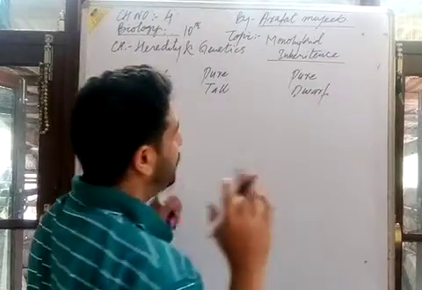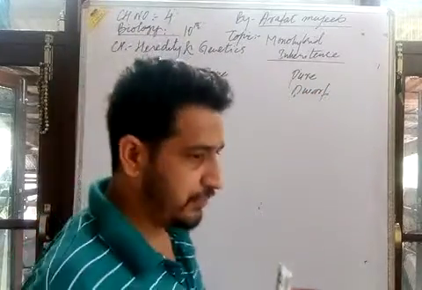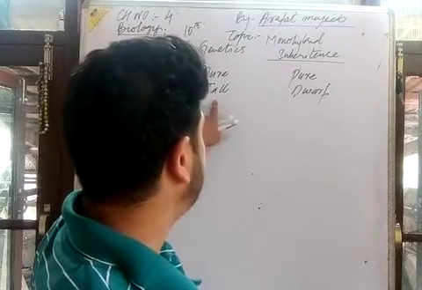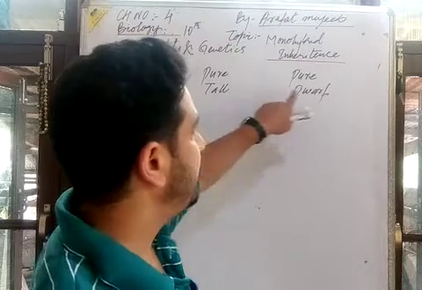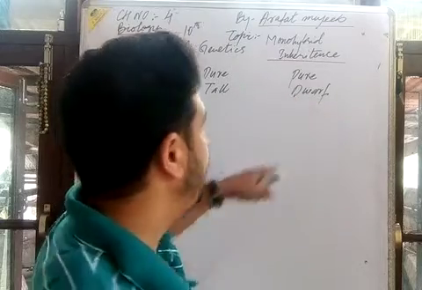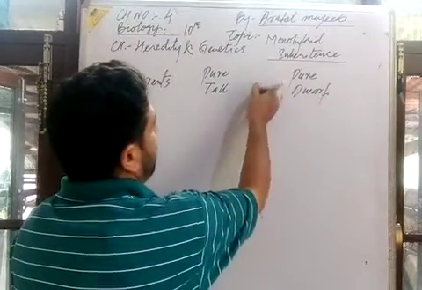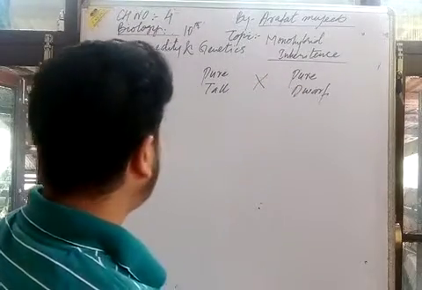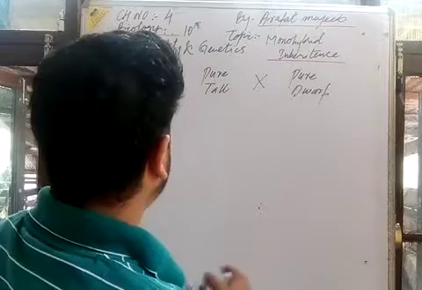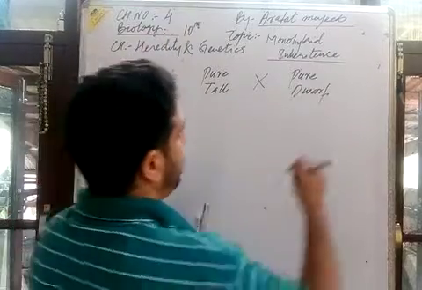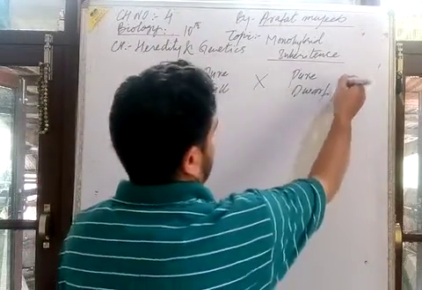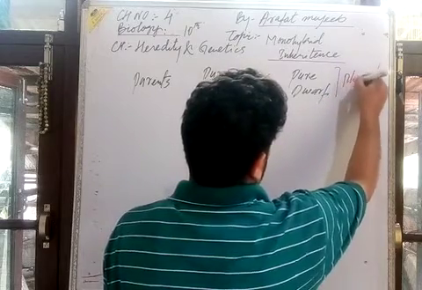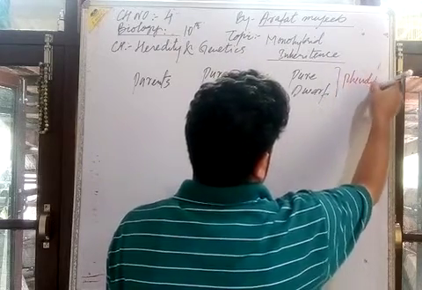Mendel took two parents: one pea plant with the trait pure tall, and another with pure dwarf, and he made a cross between these parents. Here is the phenotype nature of the plants, or phenotype.